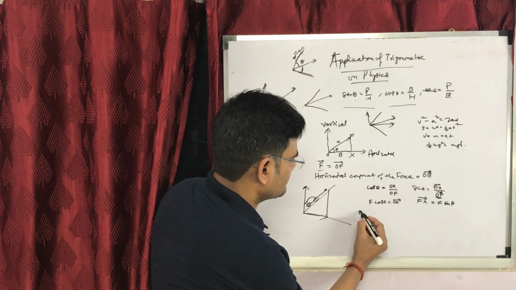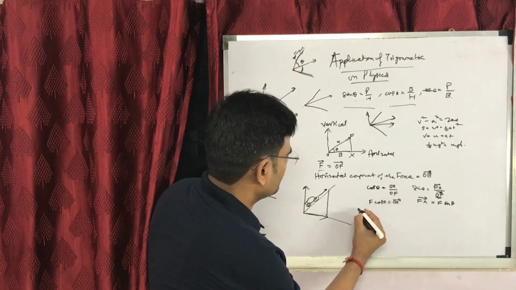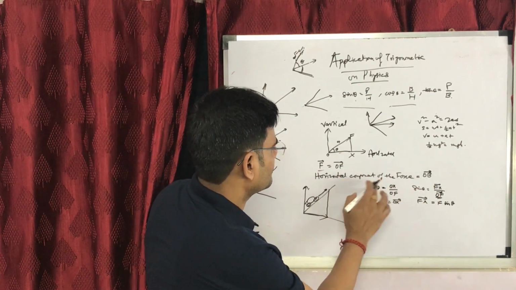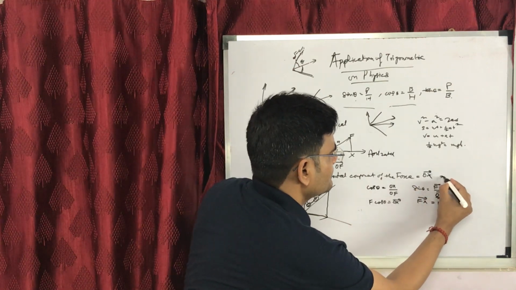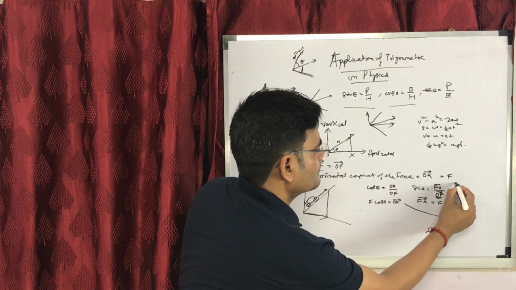So this means OX is what? OX is the horizontal component, and that is equal to F cos theta.